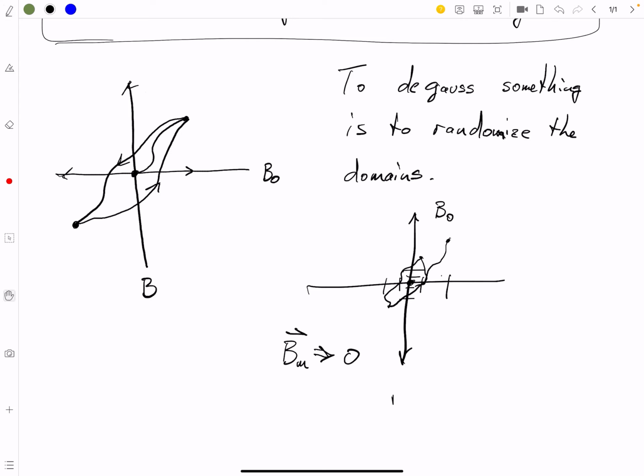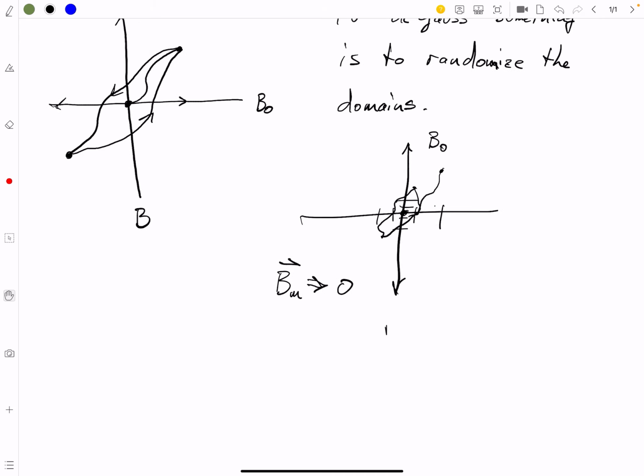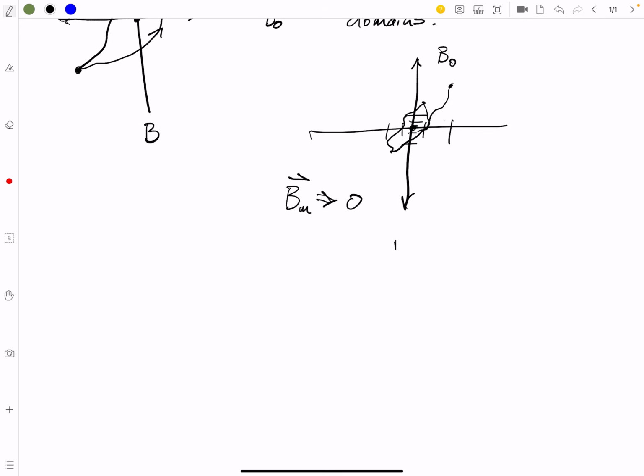So what is another way that you could do this? What is another way to degauss something? Well, you just melt it. Melt it down. Right? That's what a star would do. Throw it into a sun. That would work.